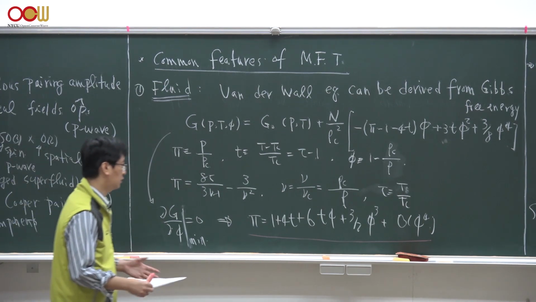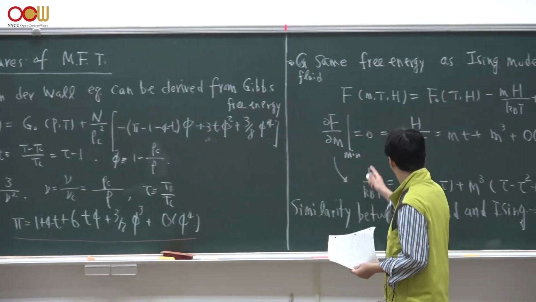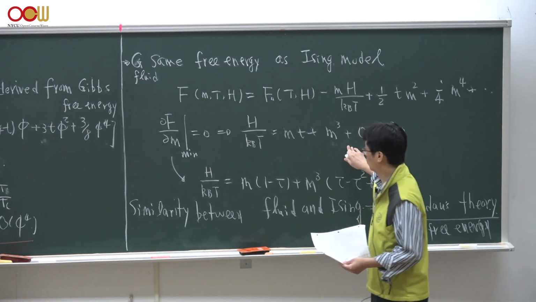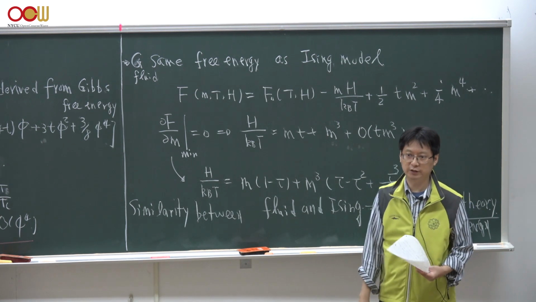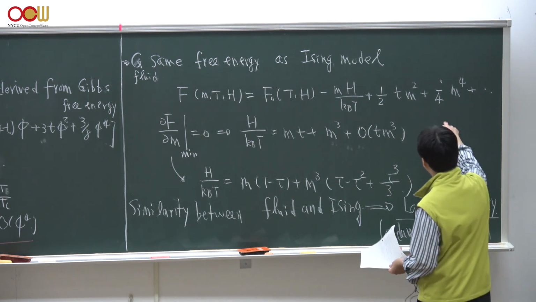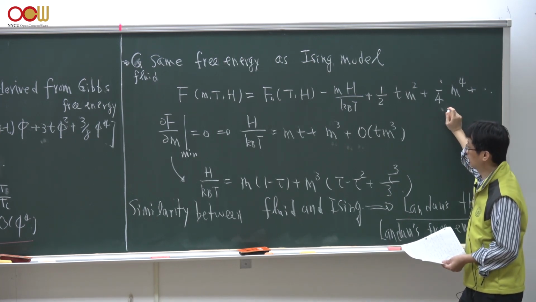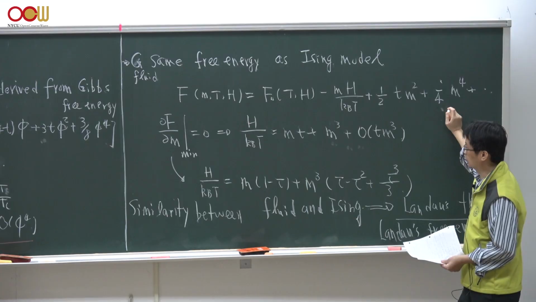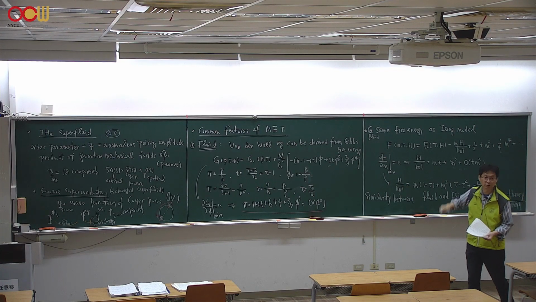But let's just look at the Ising model once more, because we just obtained such an equation of state, but we haven't constructed the free energy yet. So we could have this free energy, which describes the equation of state near the Ising transition in a very similar way to how we construct the Gibbs free energy for the fluid transition.